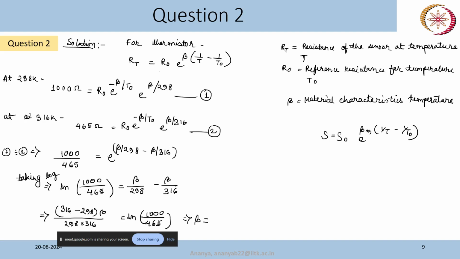This is into 298 into 316 divided by 316 minus 298. So the value is 4005.89.